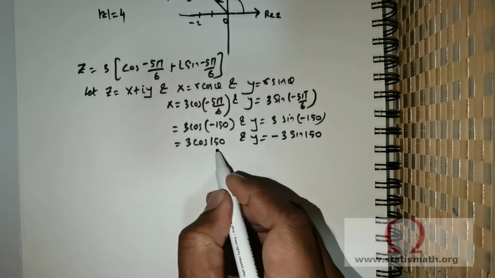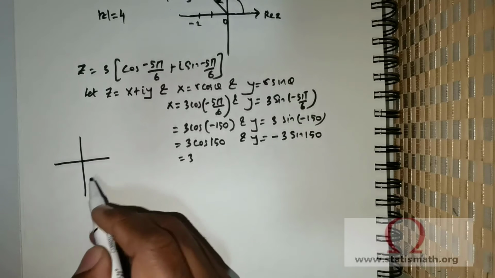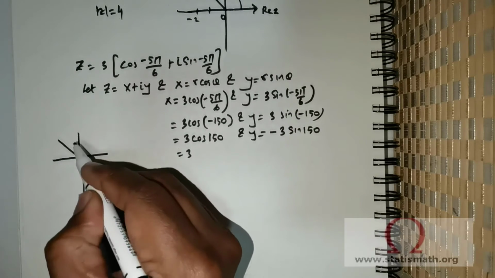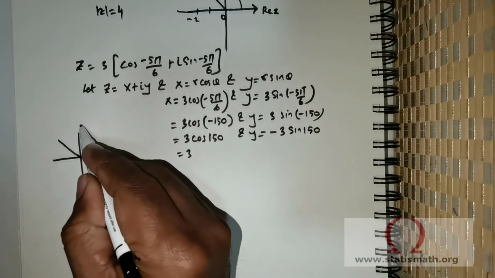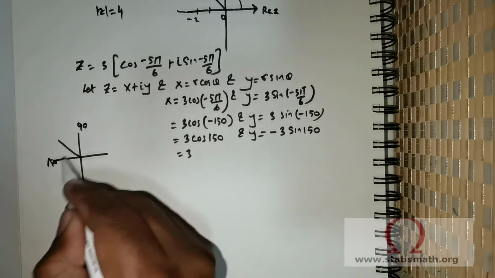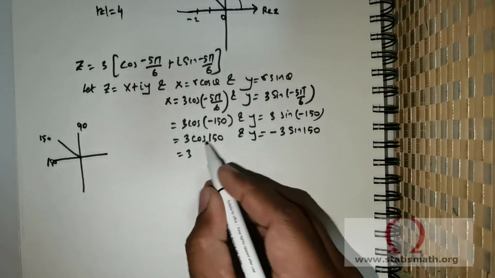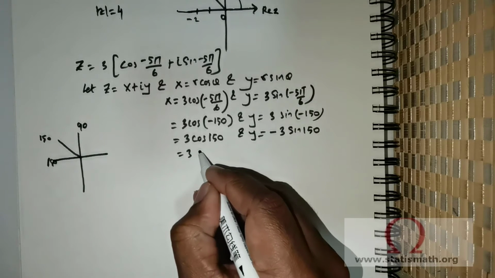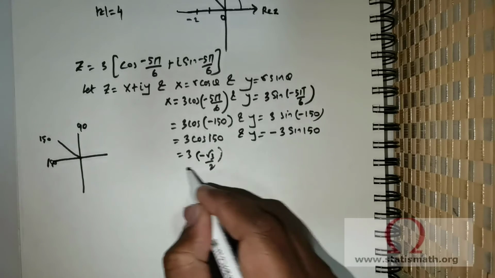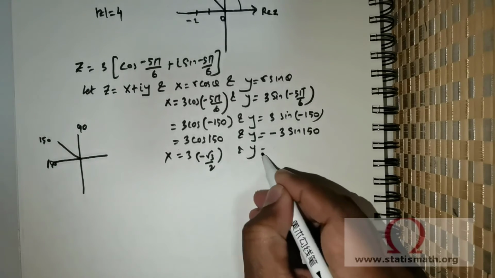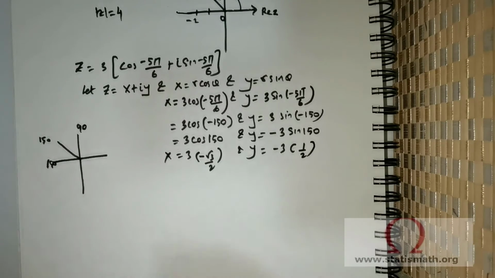Now cos 150, if you were to take the unit circle, would be somewhere around this region, because this is going to be 90, this is going to be 180, so cos 150 would be between 90 and 180. Now cos of 150 is negative root 3 over 2, and sine of 150 is going to be positive 1 over 2, so have that in mind.